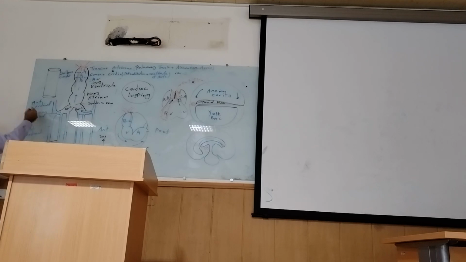All of them here are on the right, and the opposite side is left, with the same names, the same veins. Is it clear?